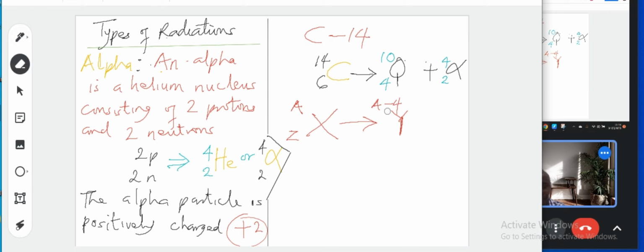So the mass number will drop by 4. The atomic number Z will become what? Z minus 2. So that's the general rule. In fact, the mass number will balance and the atomic number will balance, plus this alpha, 4 and 2.